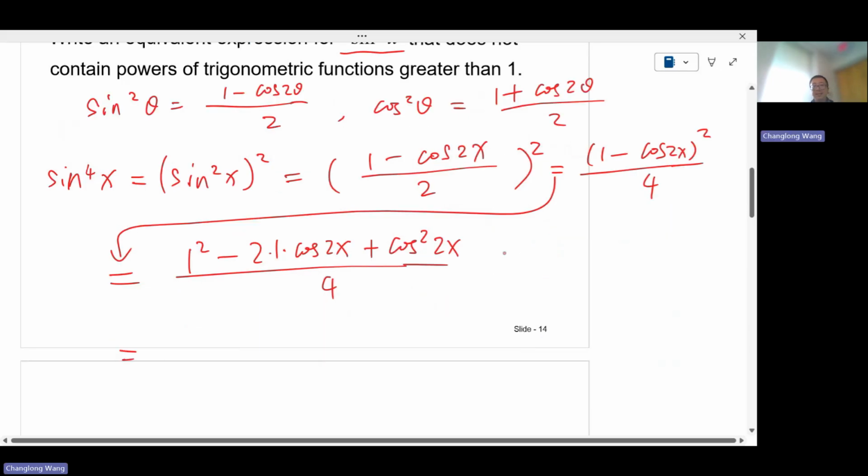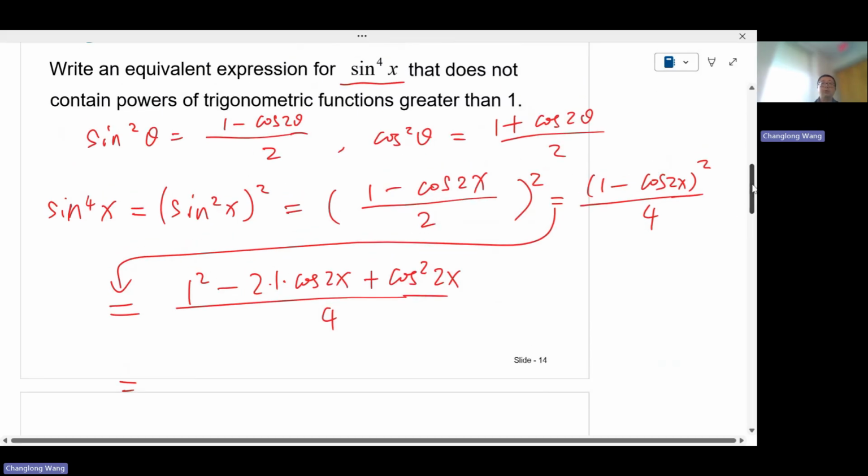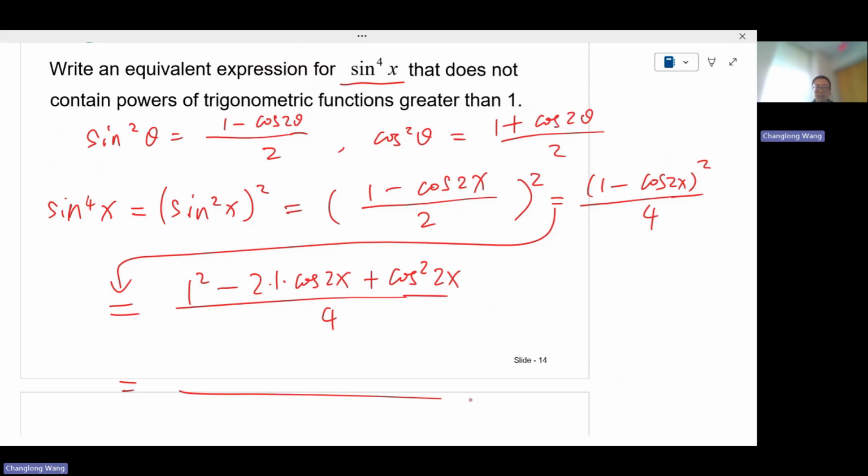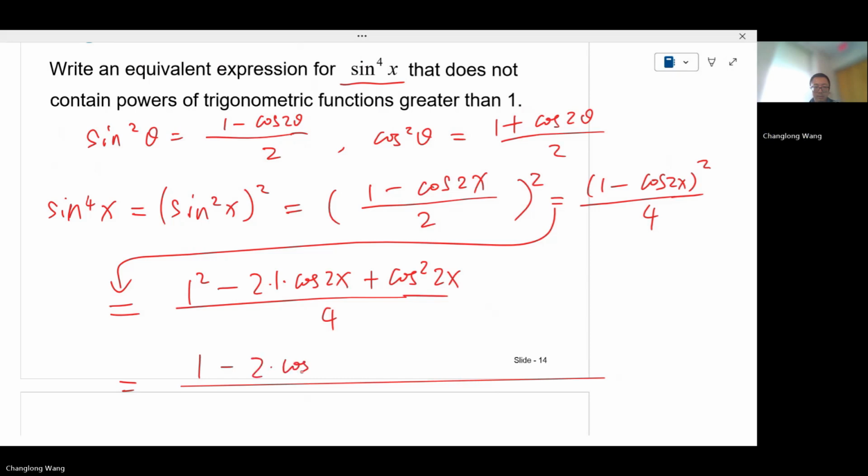Well, then we realize they want the expression of the trig functions with powers no higher than 1. So we're fine with the constants and the cosine 2x, but we have to deal with the cosine squared 2x. So we can reduce the power once again. I'm going to copy the 1, minus 2 cosine 2x.